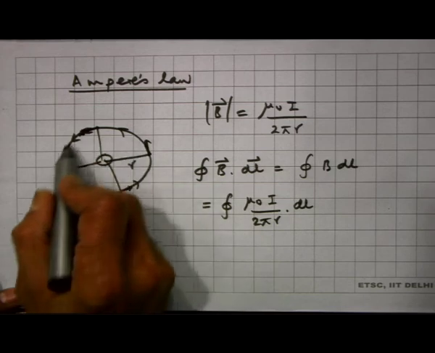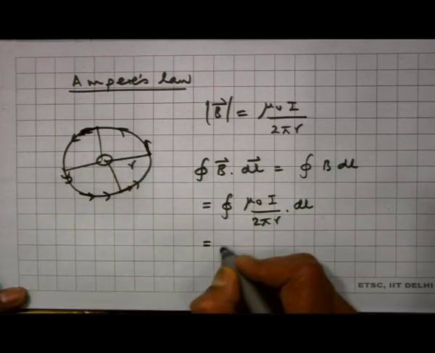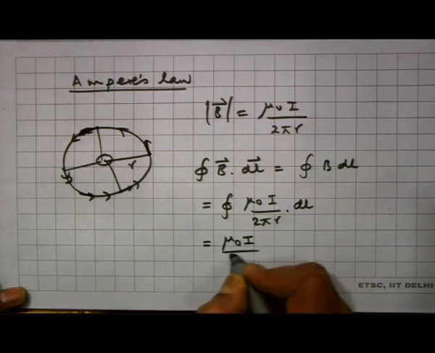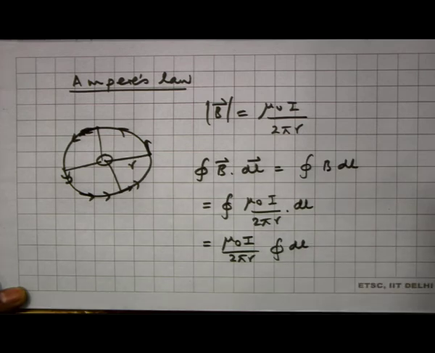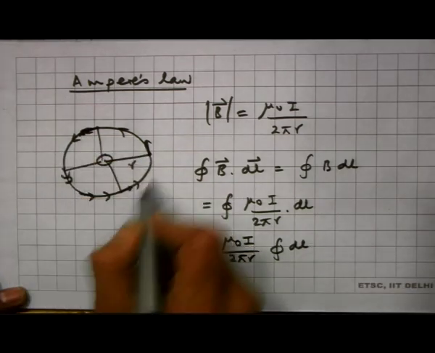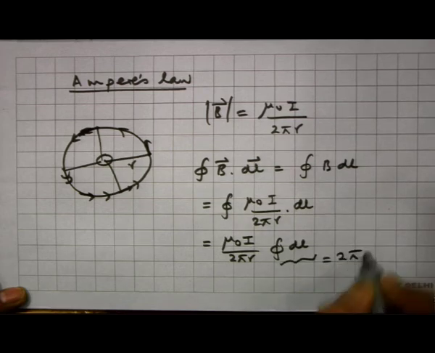As you vary the point of integration, r remains constant. So, I will get mu naught I by 2 pi r into integral dl. Integral dl is the total length of this path, which is 2 pi r, the circumference of the circle.